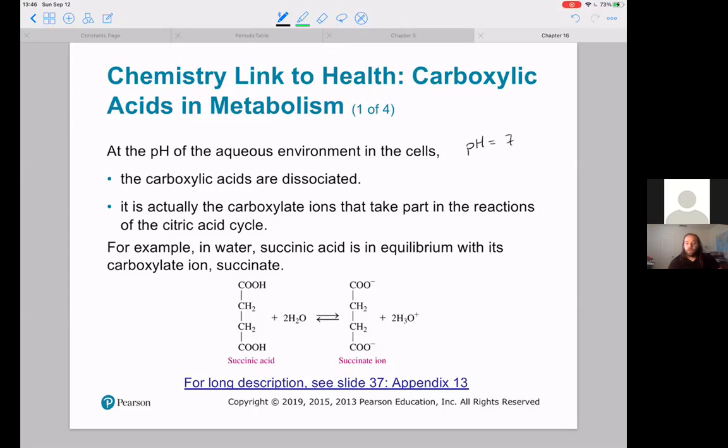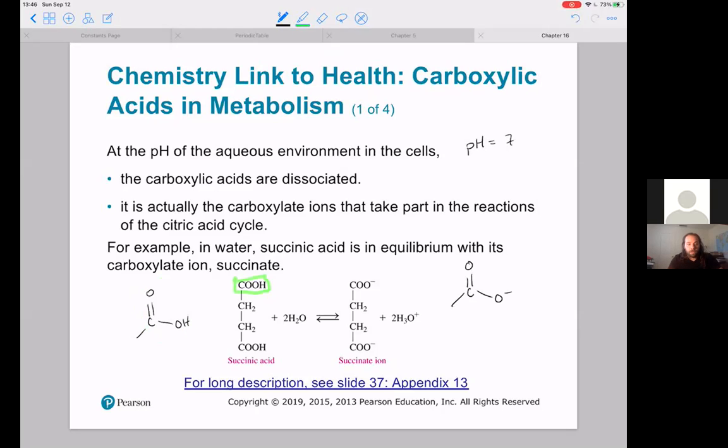Because of that, if you were to add any carboxylic acids to your cells, they would be in the form of the carboxylate salt, meaning that you don't actually have this form running around. This COOH is the shorthand for this functional group here. If you were talking about carboxylic acids in solution or in your cells, they actually wouldn't be the carboxylic acid form. They would be the carboxylate form because of the pH of the cells.